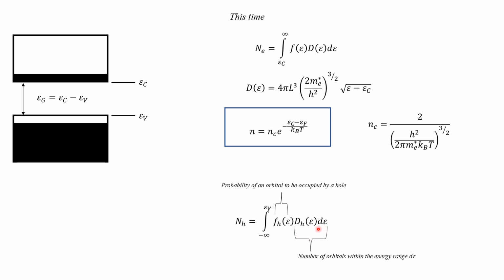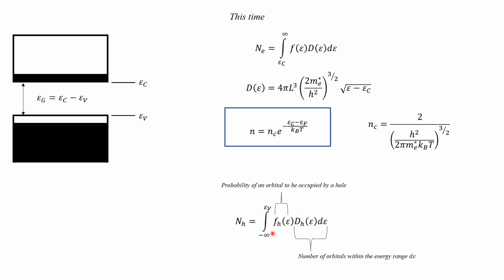And this term is the number of orbitals within the energy range. So this term is the density of states in the valence band. So to differentiate the density of states in the conduction band from the density of states in the valence band, I'm using the index H here for holes.